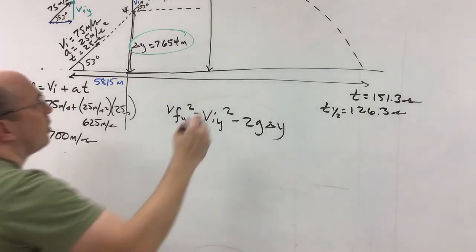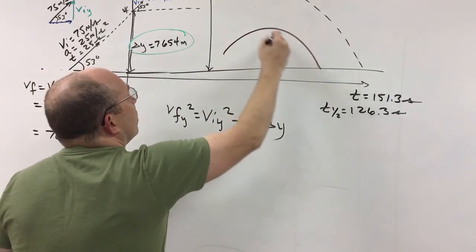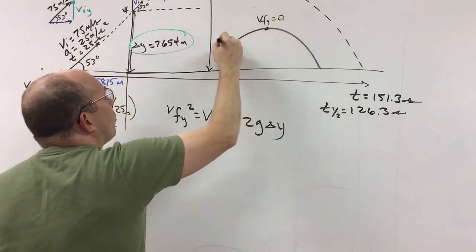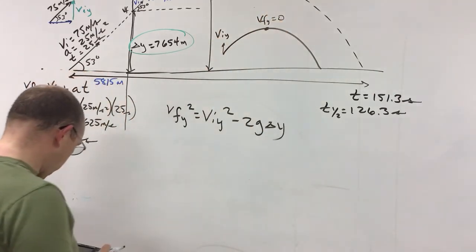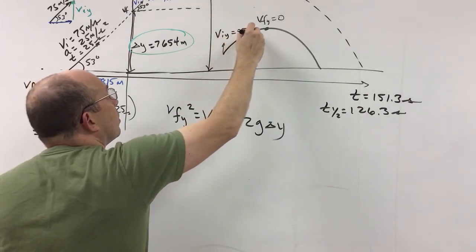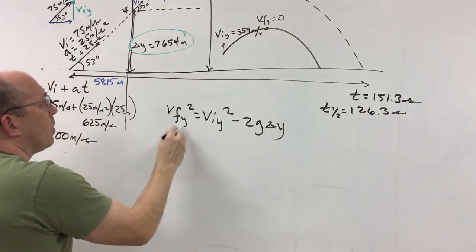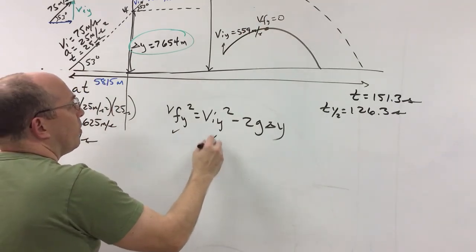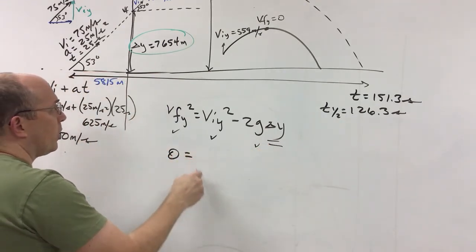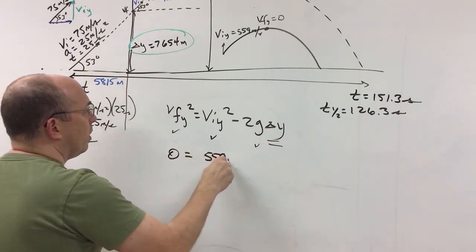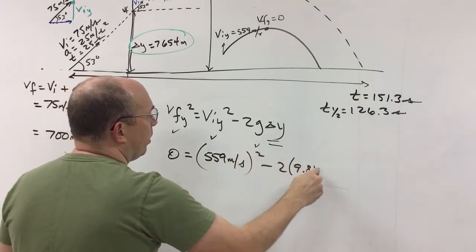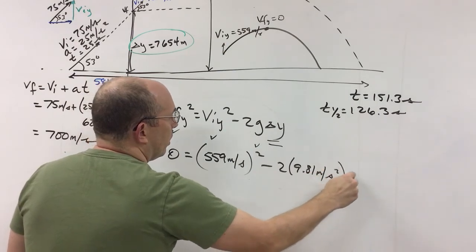Remember, at the apex of this motion, the final velocity in y is going to be equal to 0. We knew the initial velocity in y here, and looking back, that's 559. So we know this is 0, we know this is 559, and g is a known. That leaves us delta y. So I solve 0 is equal to 559 squared minus 2 times 9.81 times delta y.